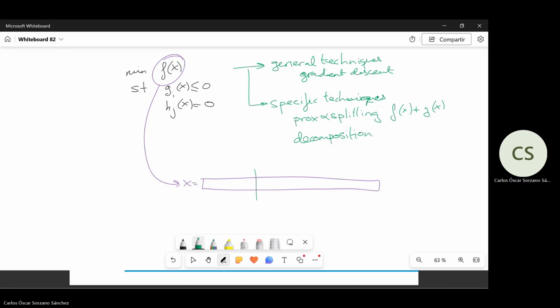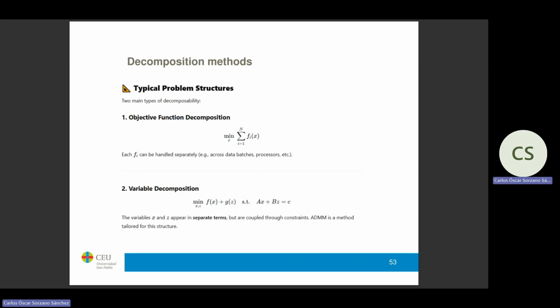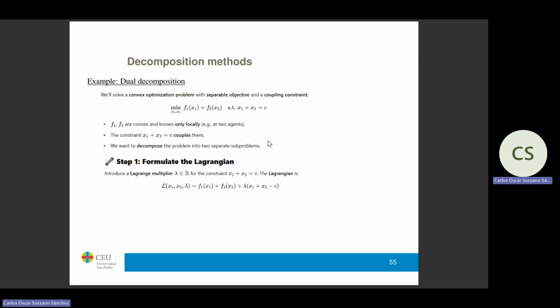But this part of the vector, that we will call x1, is evaluated separately from this part of the vector that we will call x2. So this is the structure that we mentioned here. You have a goal function that is a sum of goal functions, but they apply to different parts of the vector.